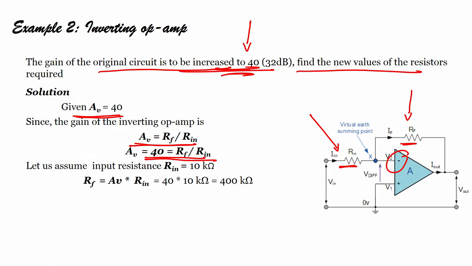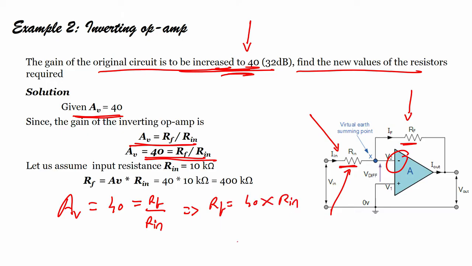If I assume my Rin is 10 kilo ohm, then RF equals 40 into Rin, which would be 400 kilo ohms.